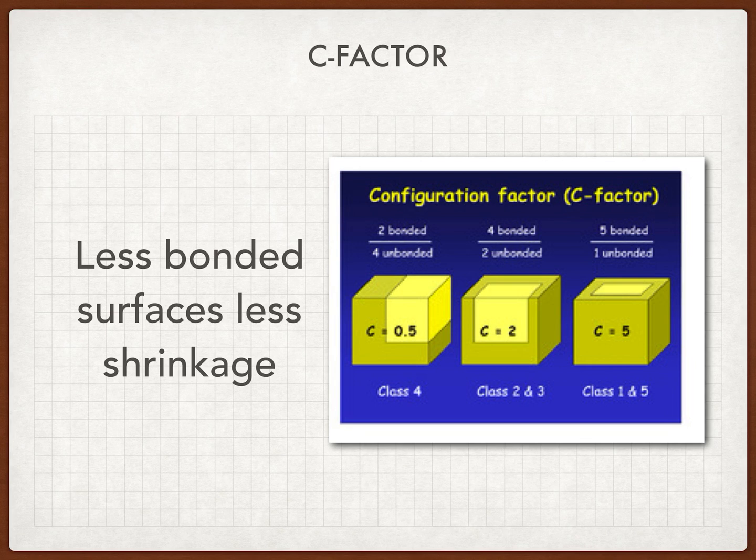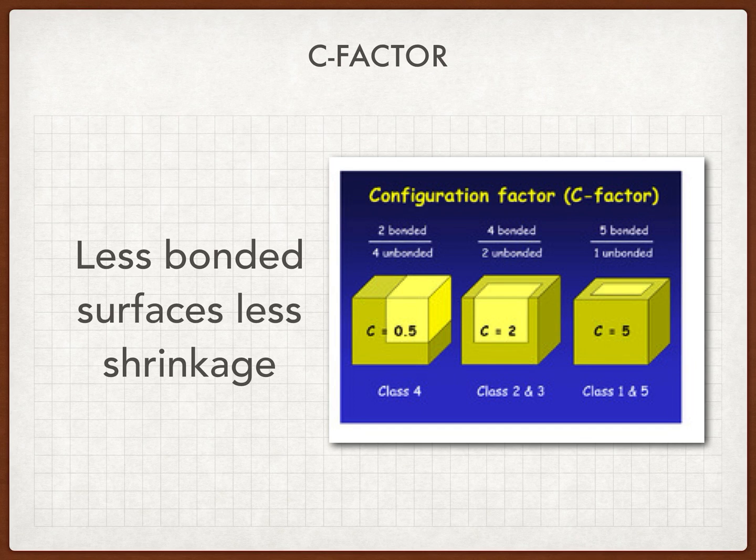In the middle we have the class 2 and 3 restorations having 4 bonded surfaces and 2 unbonded surfaces, resulting in a C factor of 2, which is also big. But the least C factor is present in the class 4 cavities.